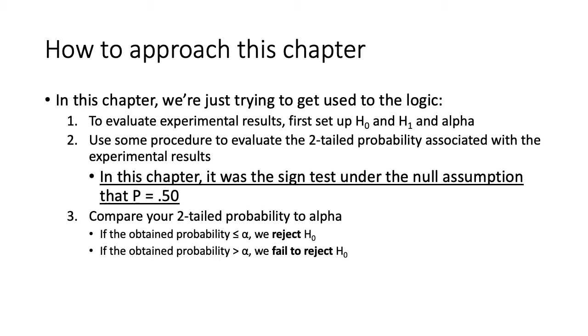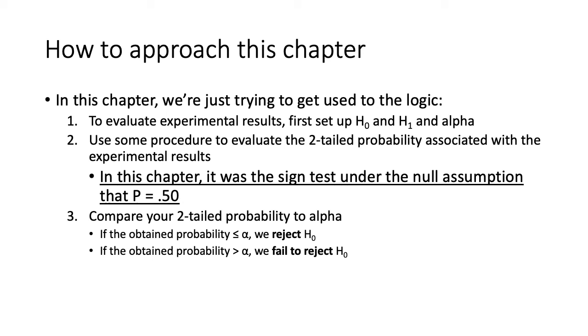Now, in this chapter, we used the sign test, and the null hypothesis gave us that we can use a binomial distribution with some n and p equal to 0.5, and then our experimental results are evaluated on that distribution. In other chapters, we're going to learn different test procedures with different probability distributions.